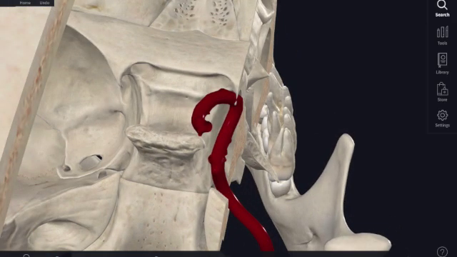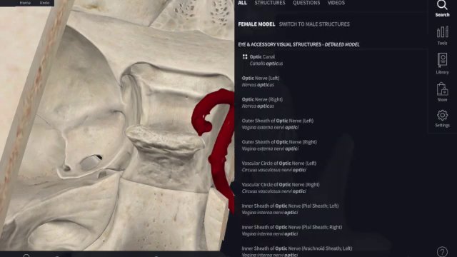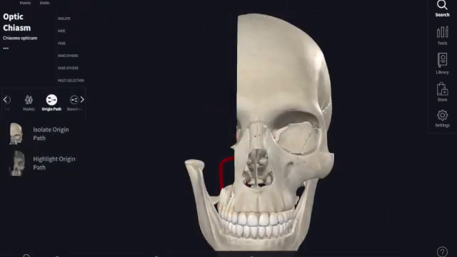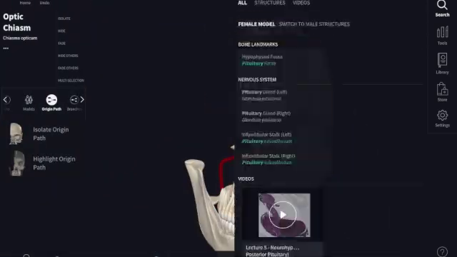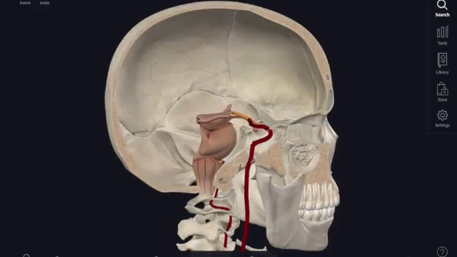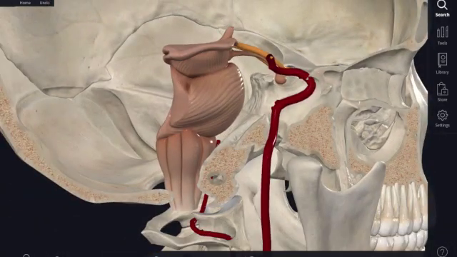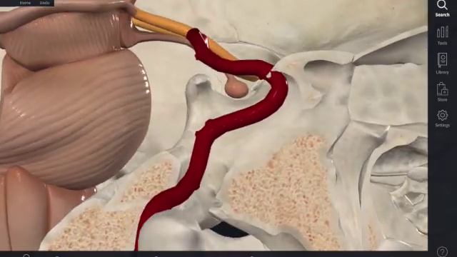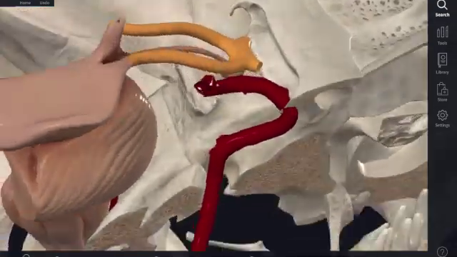And just so you can see this, there's your pituitary gland sitting right inside that sella turcica.